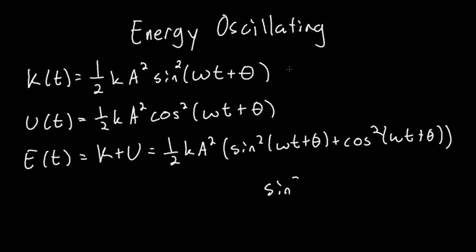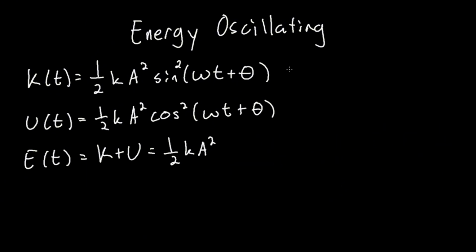Sine squared of x plus cosine squared of x, maybe this looks more familiar, is equal to 1. It's a very, very common trig identity. So if this entire thing equals 1, technically 1/2 ka squared times 1 is still equal to 1/2 ka squared. So the total energy in your oscillating system is 1/2 ka squared.